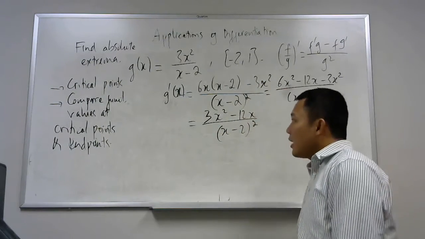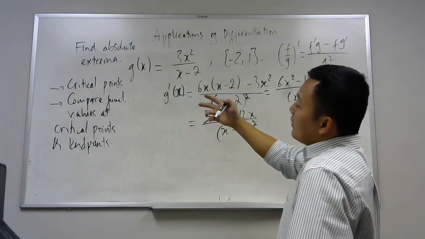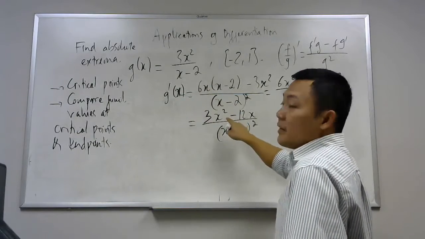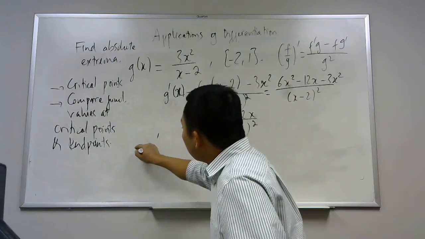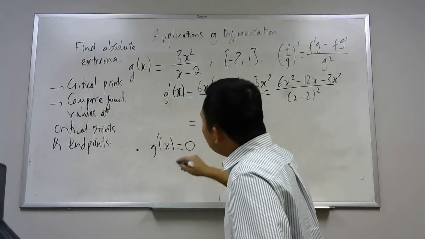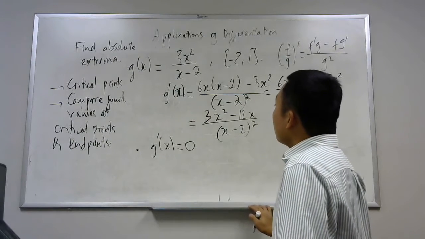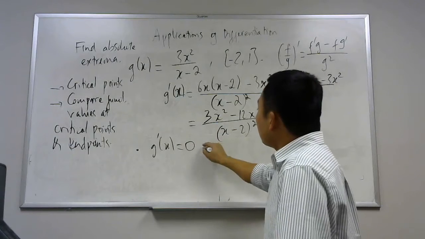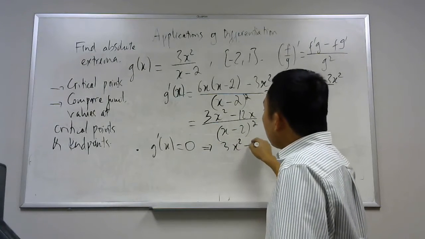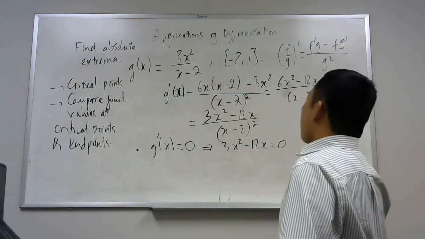Now we have two cases. The first case is when the derivative equals 0. I set g prime equal to 0, which is equivalent to the top being equal to 0. So I have 3x squared minus 12x equal to 0.